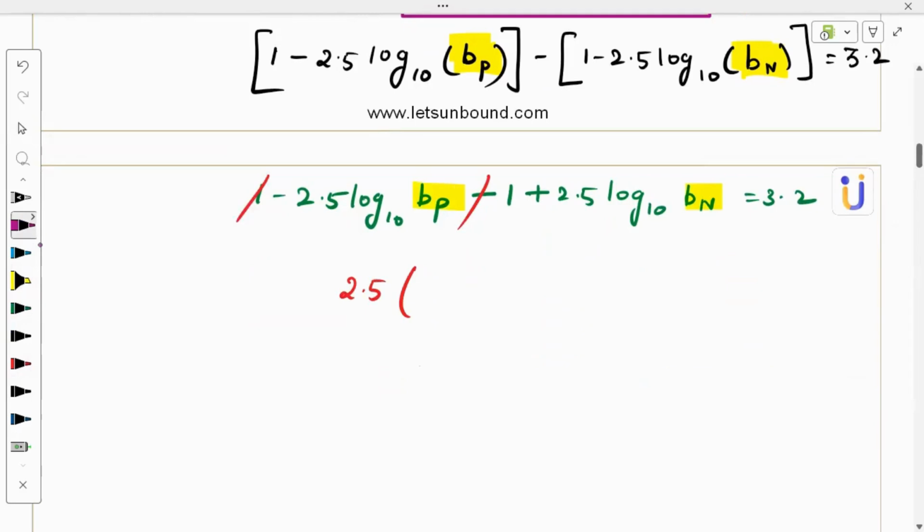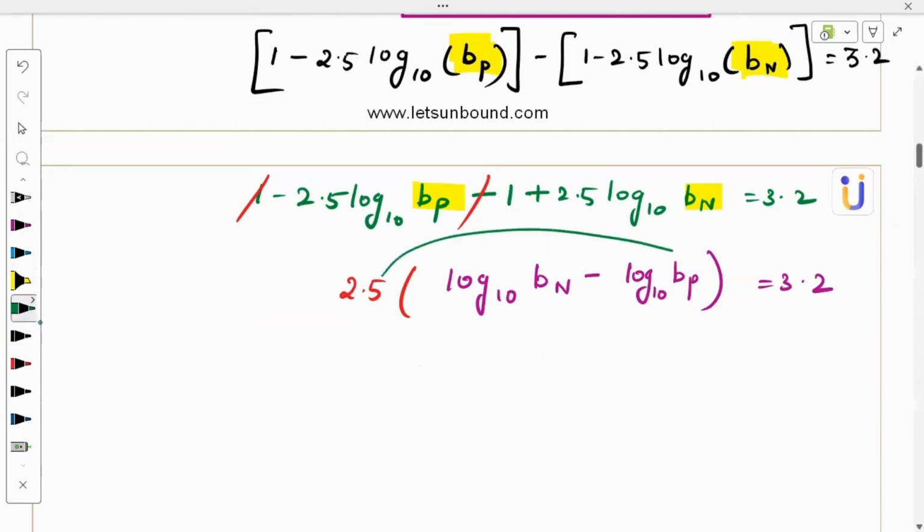So 2.5 you take it common. 2.5 times log 10 Bn minus log 10 Bp equal 3.2. And we want the ratio of Bn by Bp. Next, I will transpose this over the right side. So I will get log 10 Bn minus log 10 Bp equal 3.2 by 2.5.